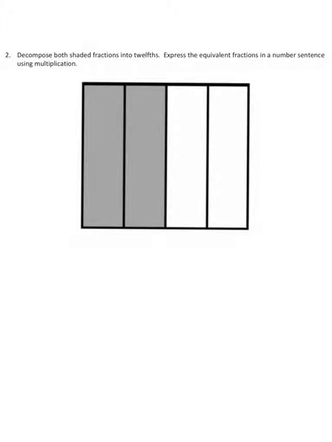The next one is decompose both shaded fractions into 12ths. All right, so they're telling us to do it in 12ths. Our new denominator has to be 12ths. Express the equivalent fractions in a number sentence using multiplication. Right now the original fraction is cut up into 4 pieces, and only 2 are shaded in.